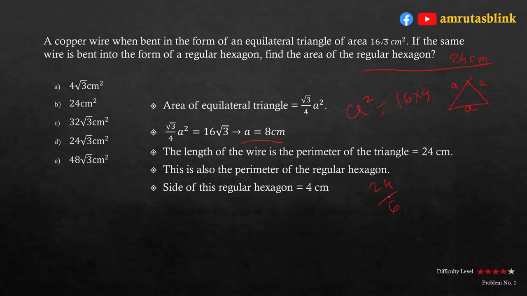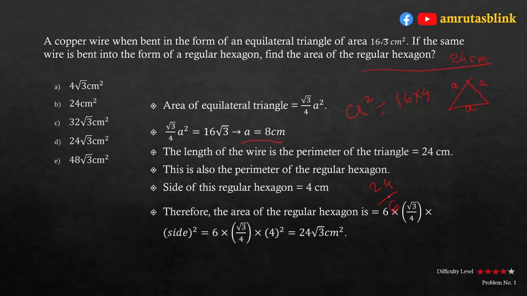And now in the problem they have asked us to find the area of the regular hexagon, where the side is nothing but 4 centimeter. The formula for the area of a regular hexagon is 6 into √3/4 side square, which is equal to 6 into √3/4 into 4 square, that is 6 into √3/4 into 4 into 4.